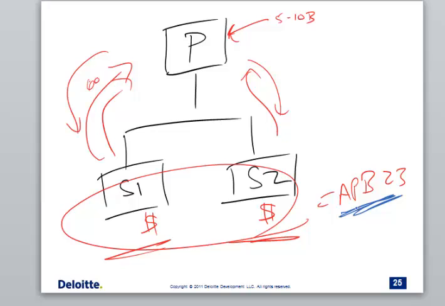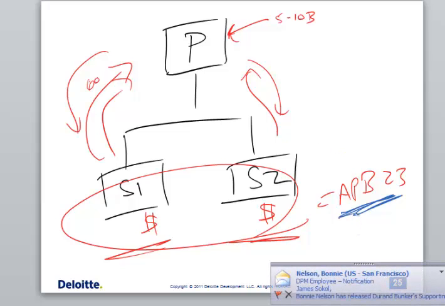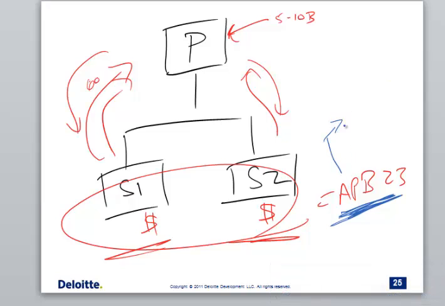And what companies are trying to do is basically turn this into a standard where as long as there's no U.S. taxable income, then you must be APB 23. Right? So as long as you're able to not subject those earnings to U.S. tax, that is synonymous with indefinitely reinvesting.